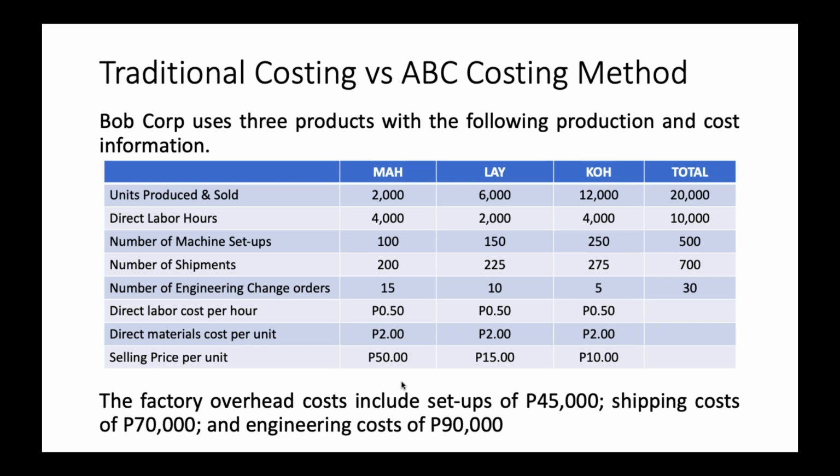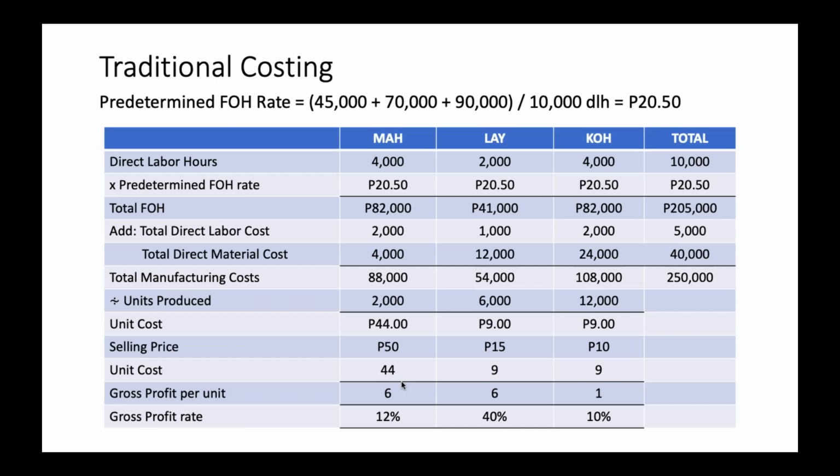Now, for traditional costing, say the factory overhead using traditional costing will be based on total direct labor hours, and that is 10,000 direct labor hours.